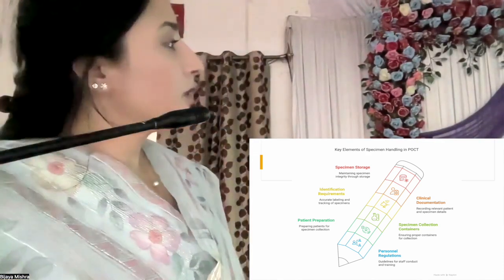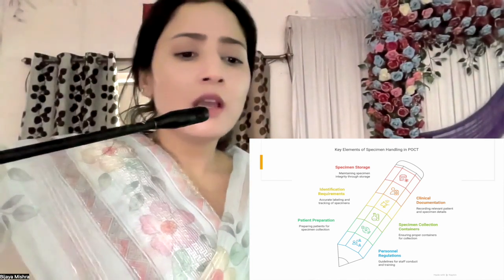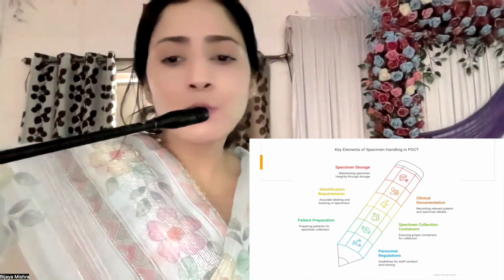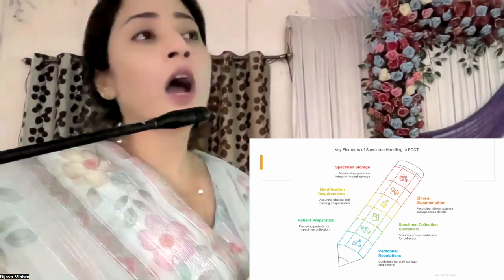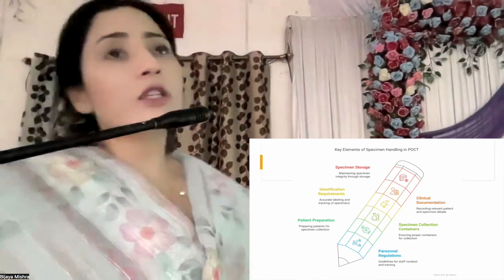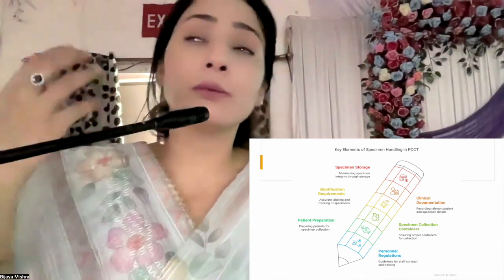So we need to adhere to the description for the sample collection. The next point is patient preparation as well. What are the things that we need to keep in mind when we are doing POCT testing? Suppose some patients are taking certain vitamin supplements like biotin.